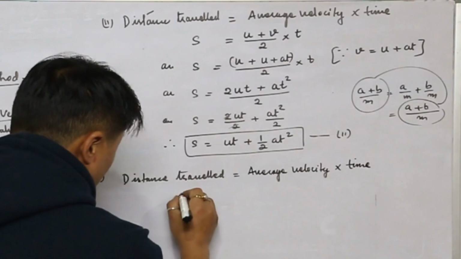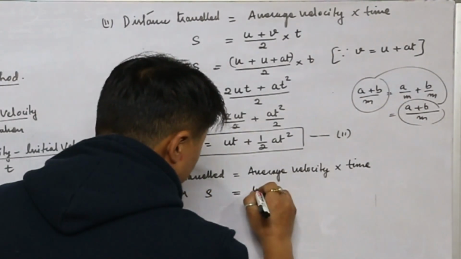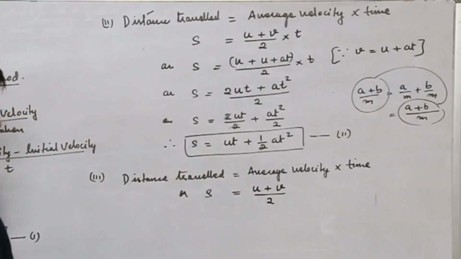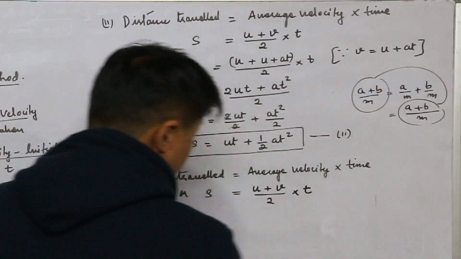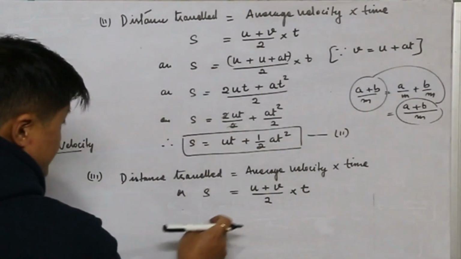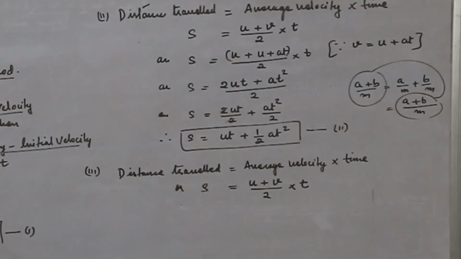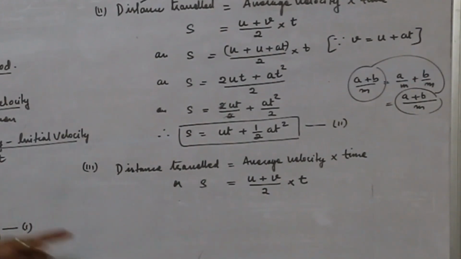Or distance traveled is here s is equal to average velocity, which is here u plus v upon 2, initial velocity plus final velocity whole divided by 2, into t. These two equations are the same, but in the third equation, what do we have to find? We have to find v square is equal to u square plus 2as, where we don't see t.